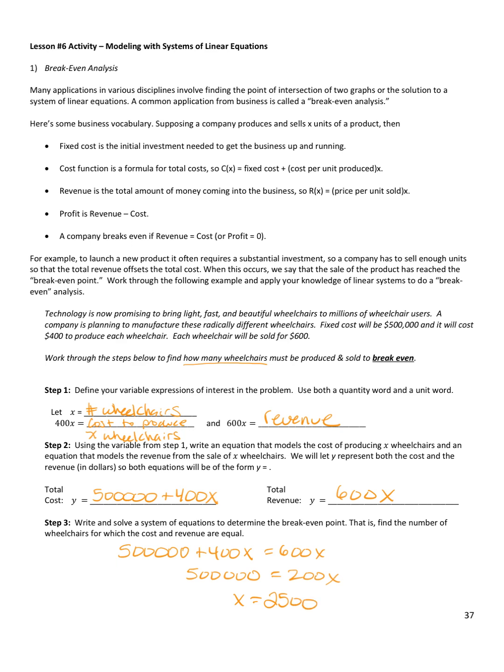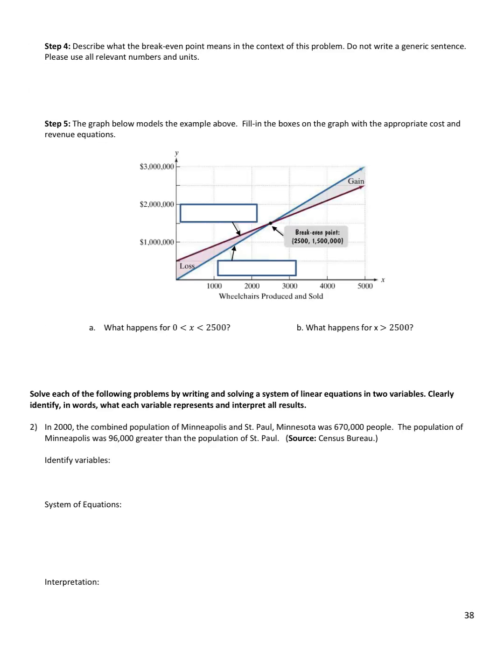So the answer to the question, which was how many wheelchairs must be produced and sold to break even, is 2,500 wheelchairs produced and sold. That is the break-even amount. Okay, I kind of just wrote the answer down in the previous question, but I'll write it again.